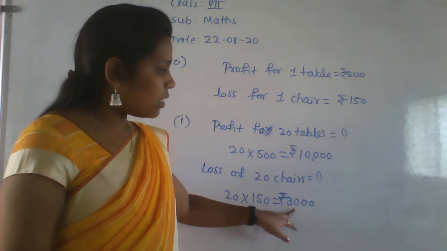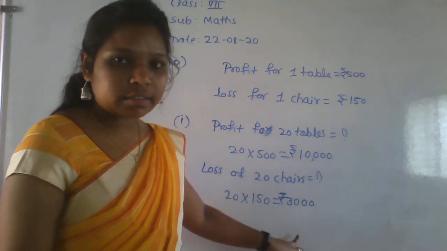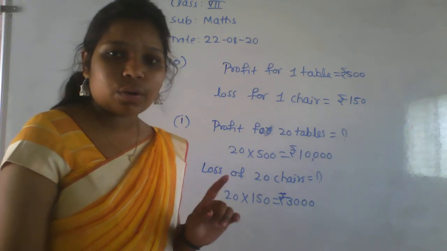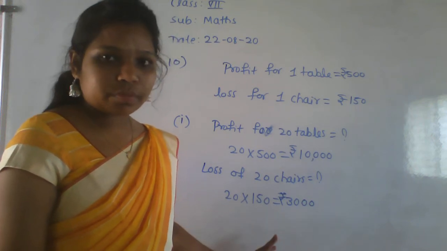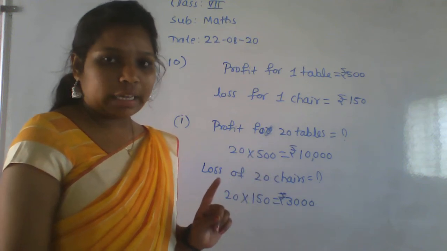So you have to subtract these 3,000 from the profit amount, that is 10,000 minus 3,000. So he only got an extra 7,000 here.